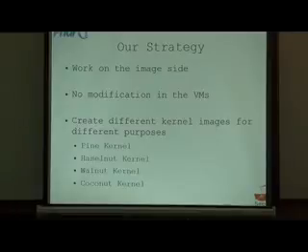I don't know if he is around here, but we exchanged some emails with him. He has an idea of what to do with the image related to what we are doing. I will mention this later, but we will focus on manipulating the image. We won't expect any modification in the VM, and we decided to create 4 different kernels.